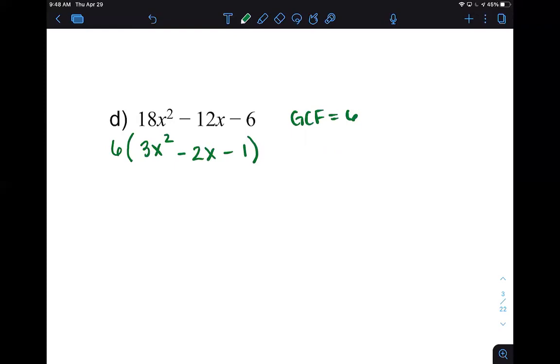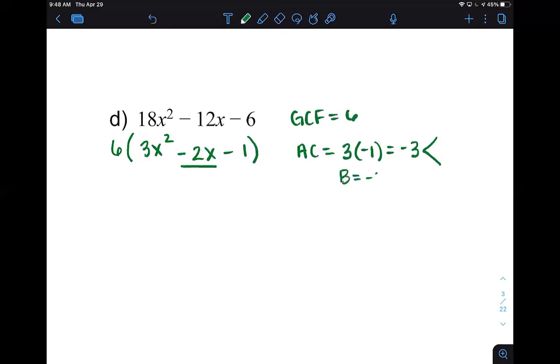And now we're going to do A times C. What is our value for A? Just the number, so just 3. And what about C? -1. 3 times -1? -3. We want to find the factors of -3 that add to be what? -2.